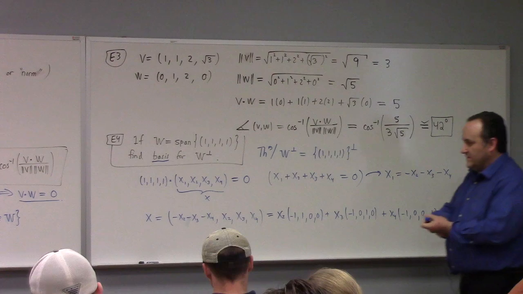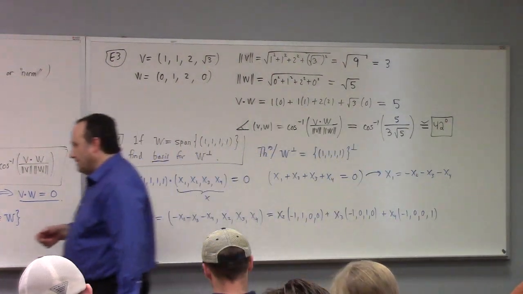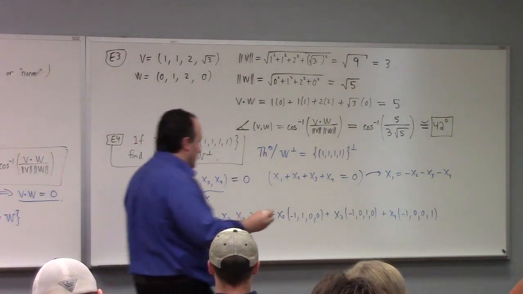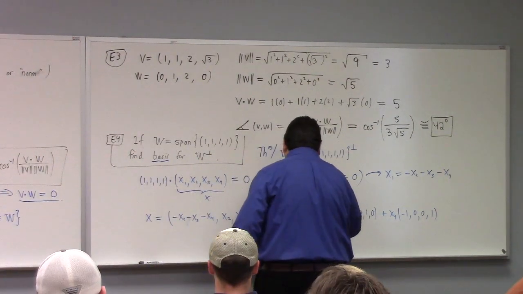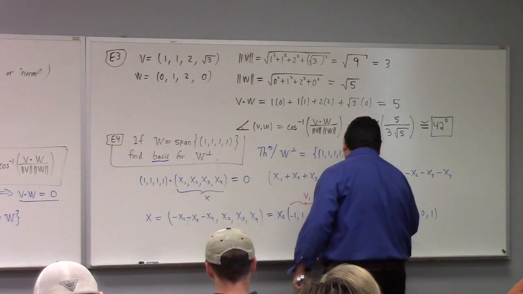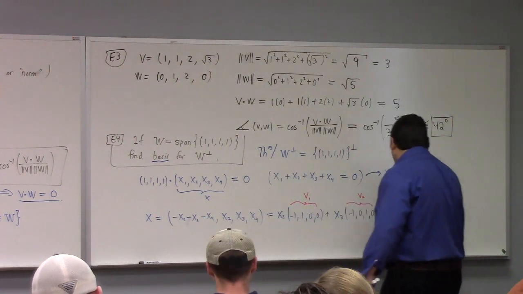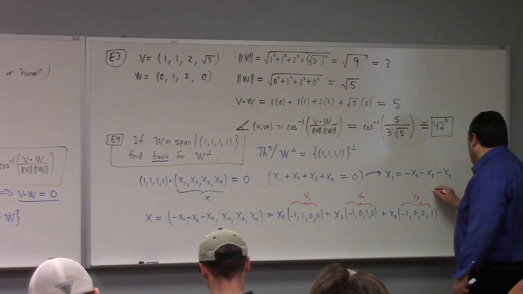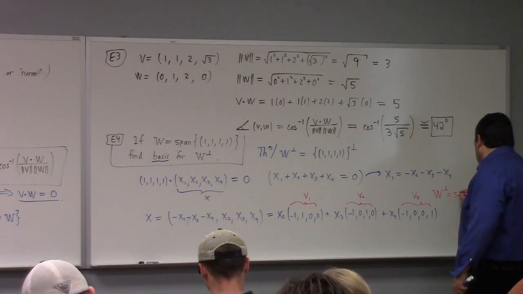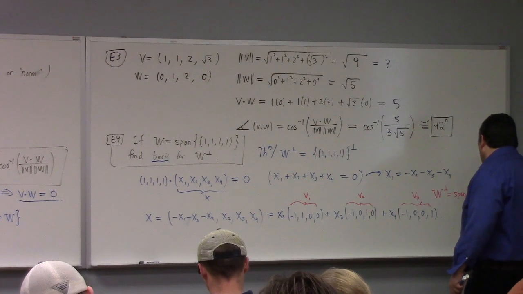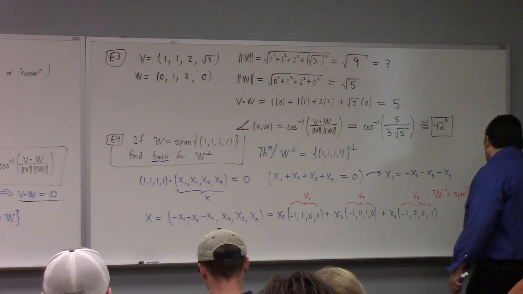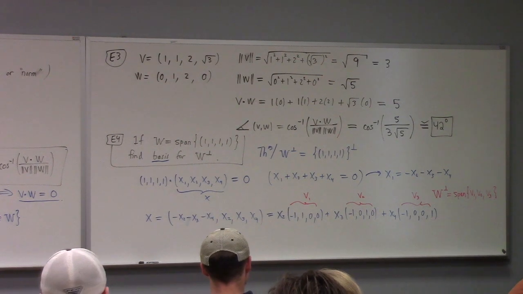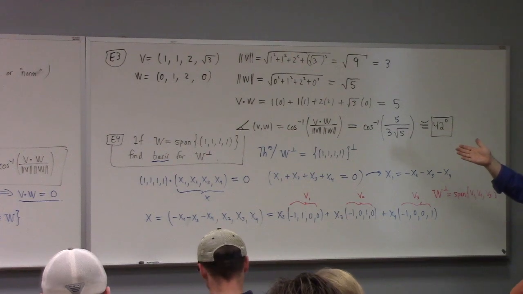Let me give these vectors that we just found a name. I'll call this one V1, this one V2, and this one V3. In summary, the perp to W is the span of those three vectors, V1, V2, and V3. What is W?